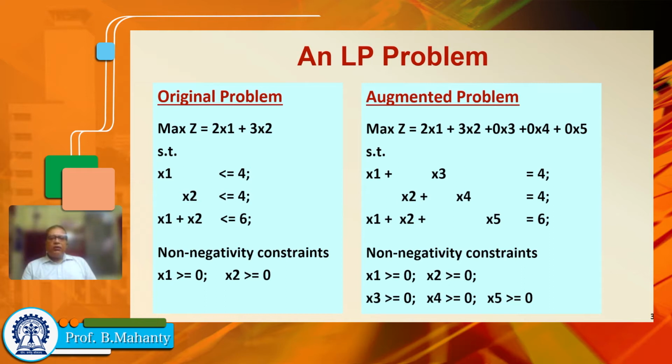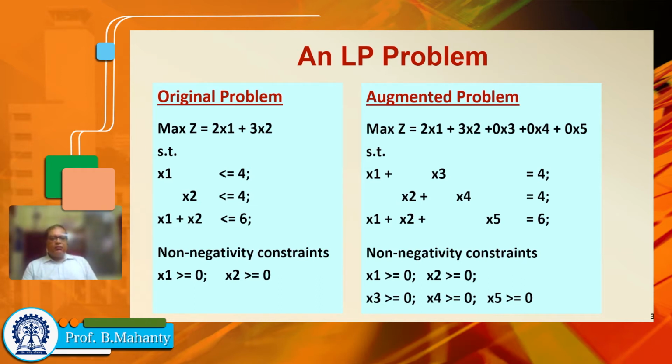So x1 plus x3 equal to 4, x2 plus x4 equal to 4, and x1 plus x2 plus x5 equal to 6. And the non-negativity constraints will be x1, x2, x3, x4 and x5, all greater than or equal to 0.